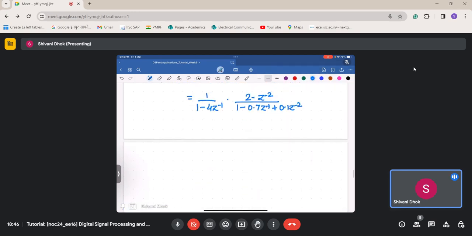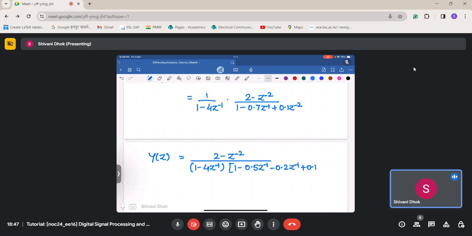So y of z is 2 minus z to the power minus 2 upon 1 minus 4z inverse, and to factorize this, 0.7 I can write as 0.5 z inverse plus 0.2 z inverse.